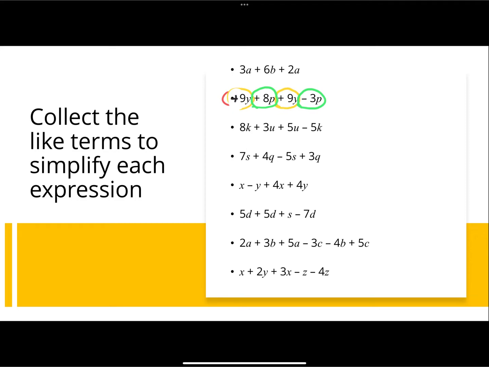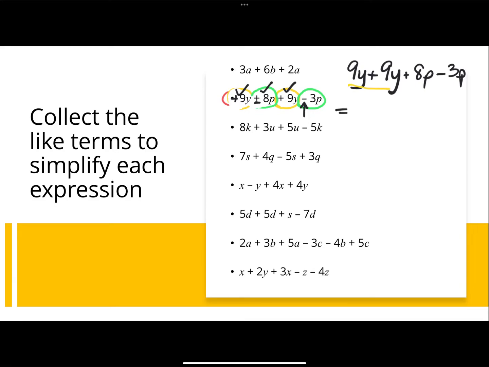That tells me where I'm starting. So I've got 9y, that's that one, plus 9y. And all I'm doing is copying it down. Now let's look at our p's. Plus 8p minus 3p.